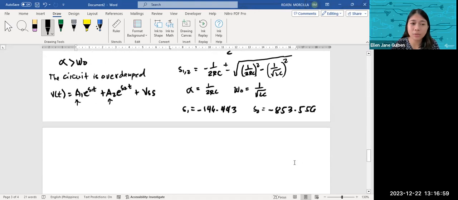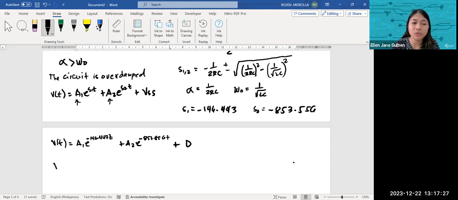So with that, we will have V of t is equal to A1 e to the negative 146.443 t plus A2 e to the negative 853.556 t plus VSS, which is 0.